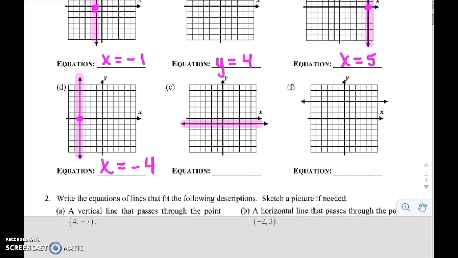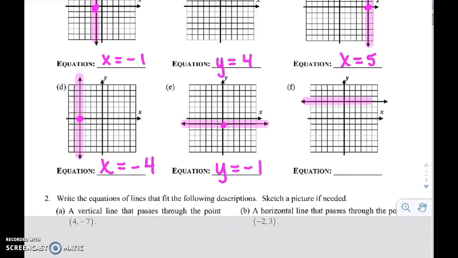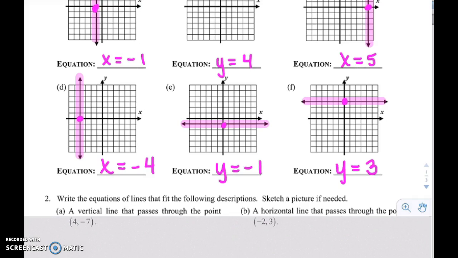E is a horizontal line intersecting the y-axis at -1, so its equation is y equals -1. And we're finishing off with F, another horizontal line through the y-axis at 3, giving it the name y equals 3.